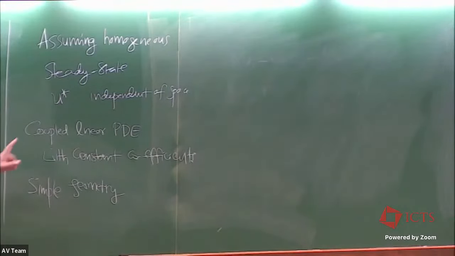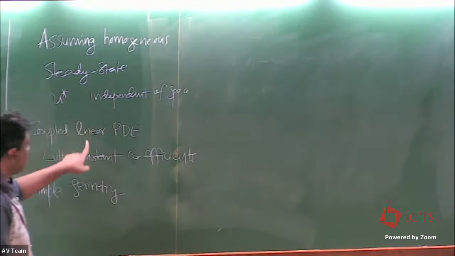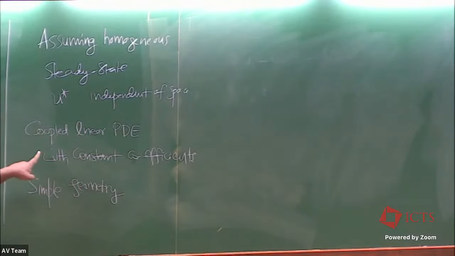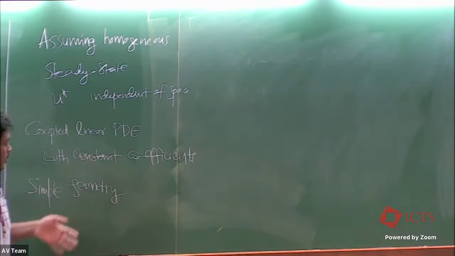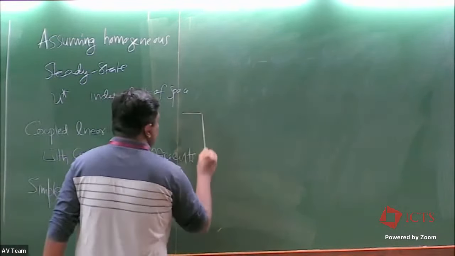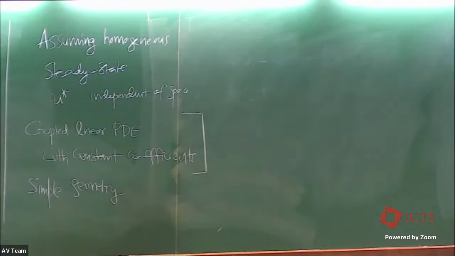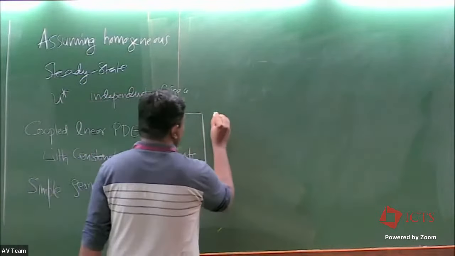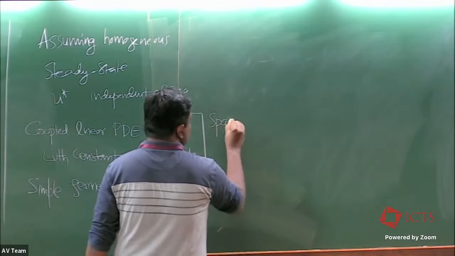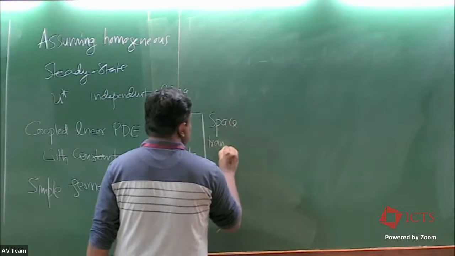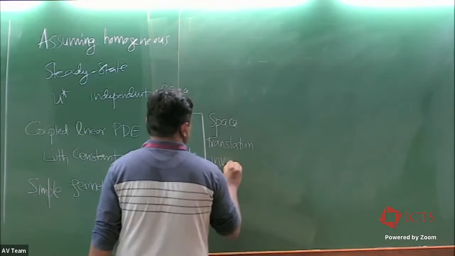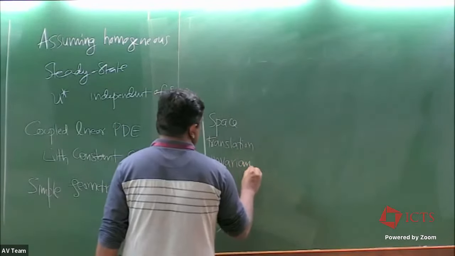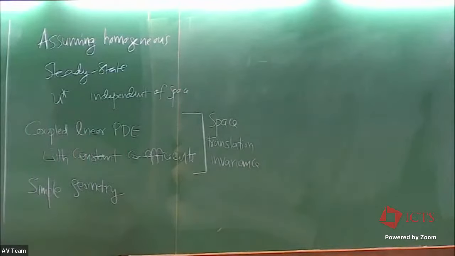So one is if you have a homogeneous steady state, that's when you can actually get a system of PDEs, linear PDEs with constant coefficients. That's important. This statement of having a system of PDEs with constant coefficients is also a reflection of the fact that you have space translation invariance of the steady state that you're looking at. So there are Fourier solutions that you can very clearly use for such systems.